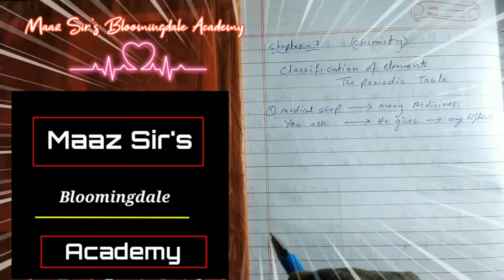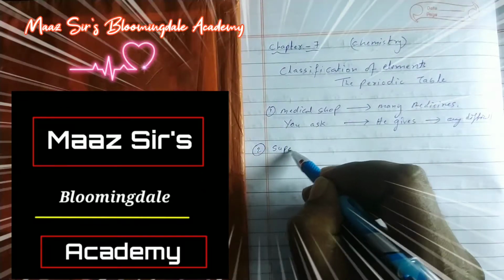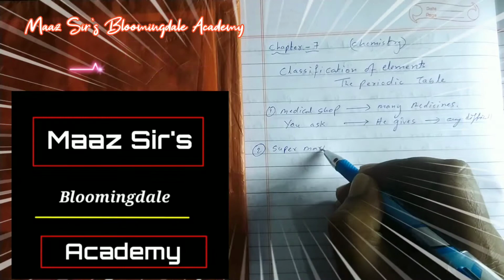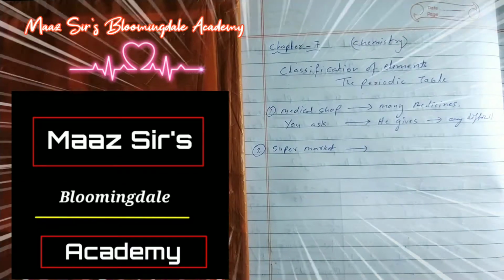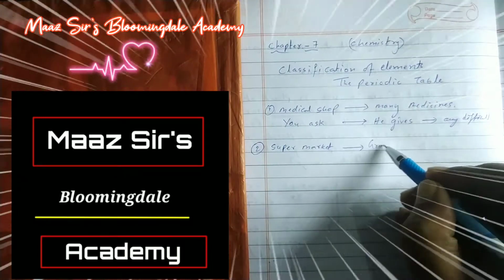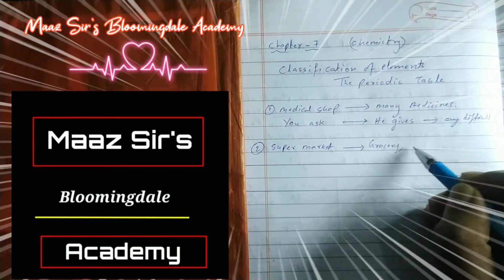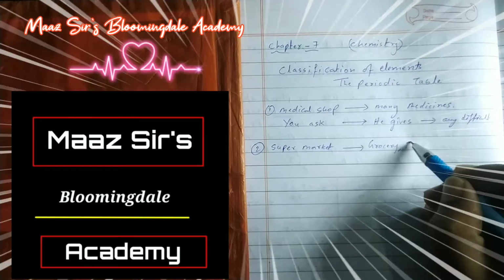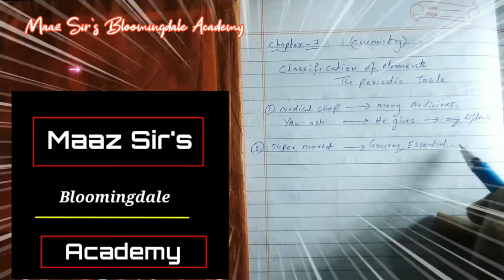So in the same manner, when you go to a supermarket, you can see there are different sections like grocery department and essentials. So like that there are so many departments.